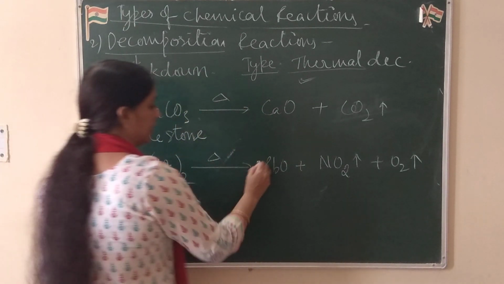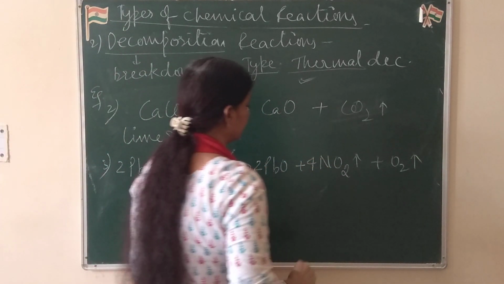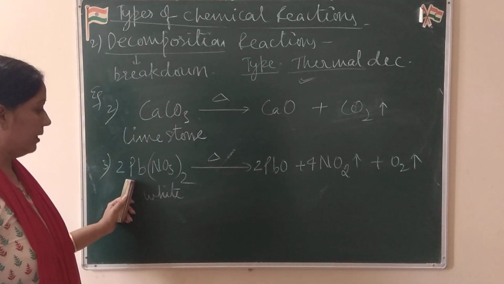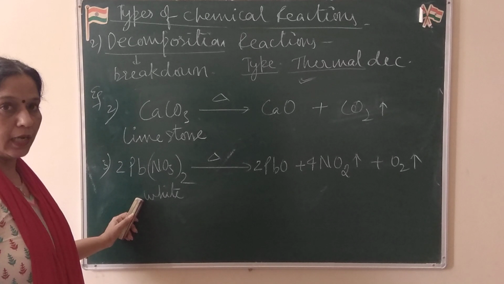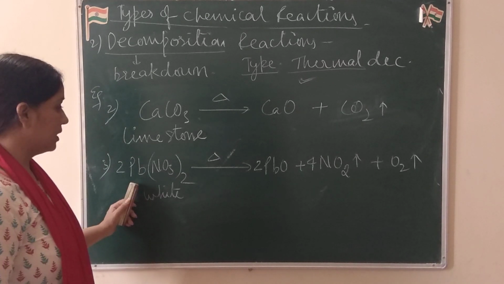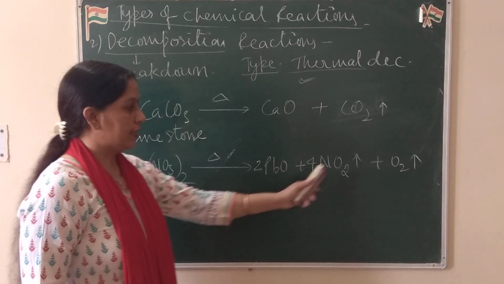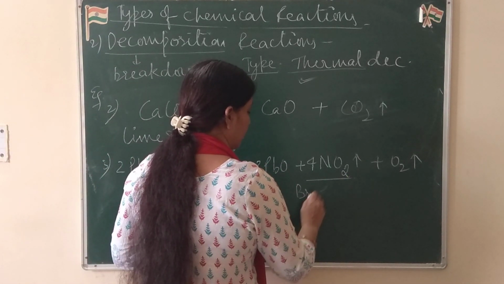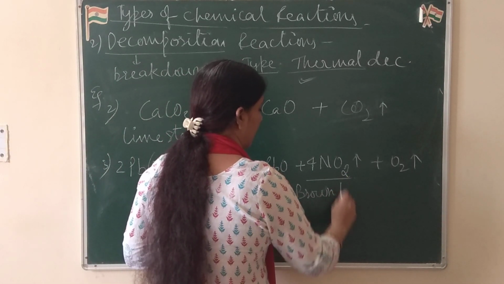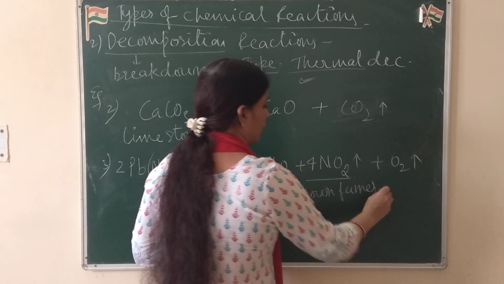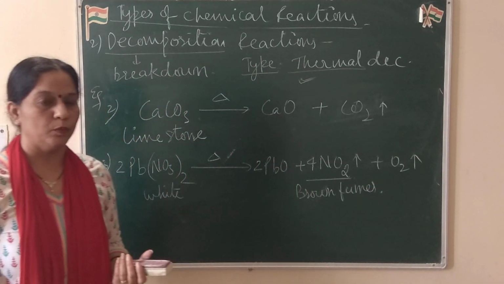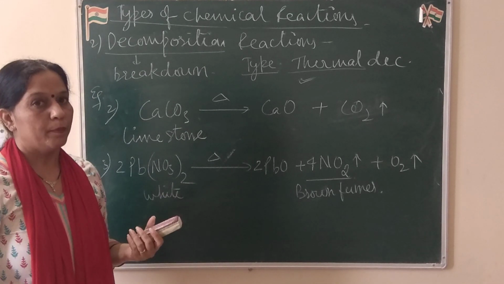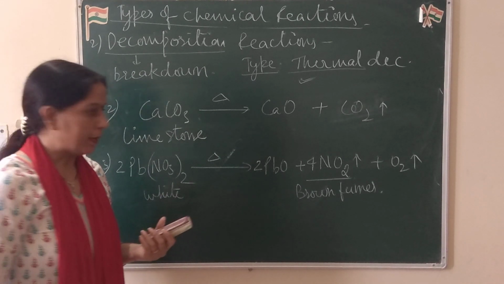On heating in a test tube, this white substance splits into three substances and nitrogen dioxide is produced in the form of brown fumes. Fumes means a kind of smoke, and the test tube on heating lead nitrate becomes brown from its upper part.